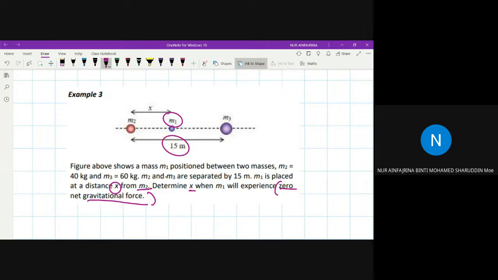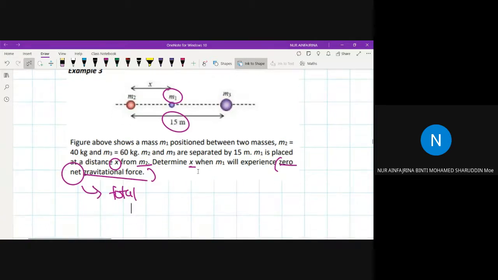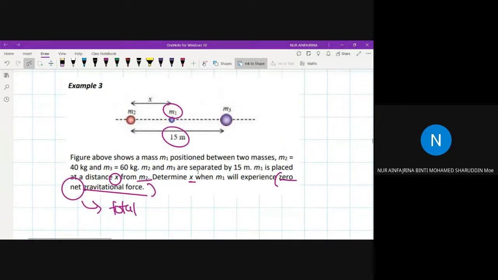Okay, what does it mean by net? Total, very good. So dia adalah total. So apa yang kita nak buat sekarang adalah kita tengok dulu. Dekat M1 ini, gravitational force dia akan ada dua.